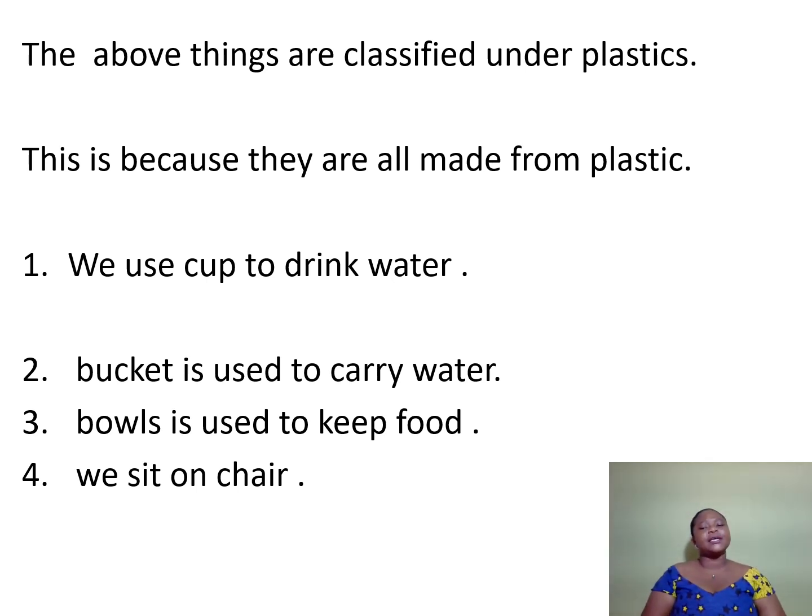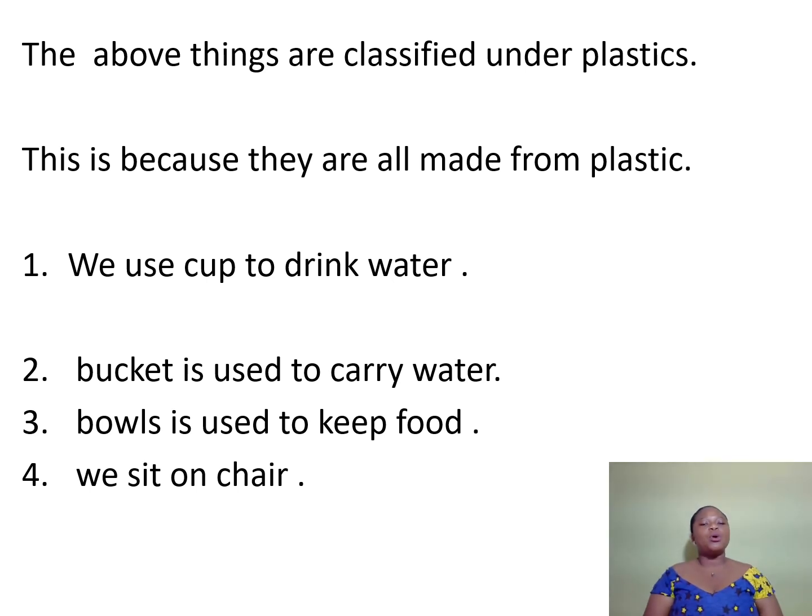So let's take it one after the other and let's see their uses. What do we use the plastic cup for? I have my water here. We use it for drinking water. Then the bucket too. Bucket is used to carry water, or we fetch water into it too.